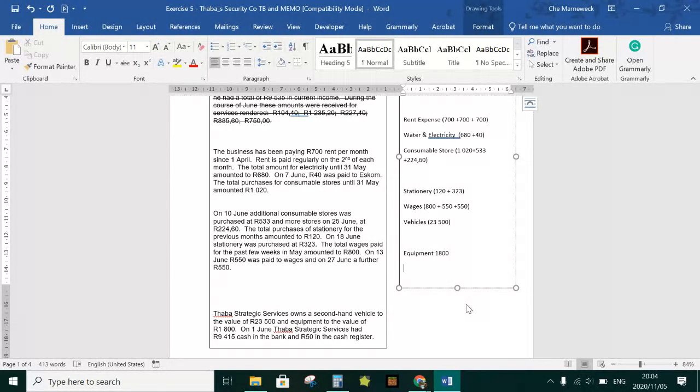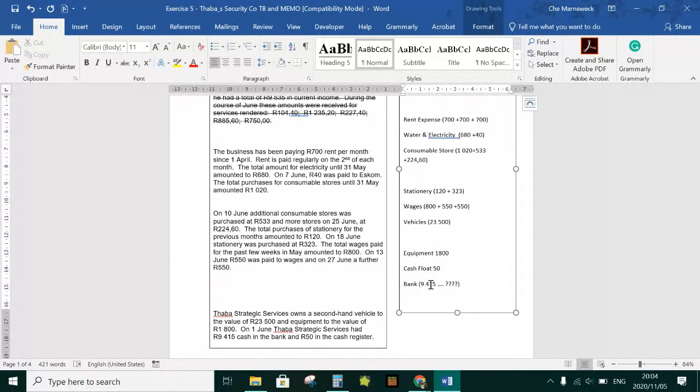On the first, they had so much cash in the bank and 50 in the cash register. Okay, cash register is cash float, and that was 50 Rand. We know the bank had a balance, so we started the month with 9,415. But how much did we make during June? We need to work that out.